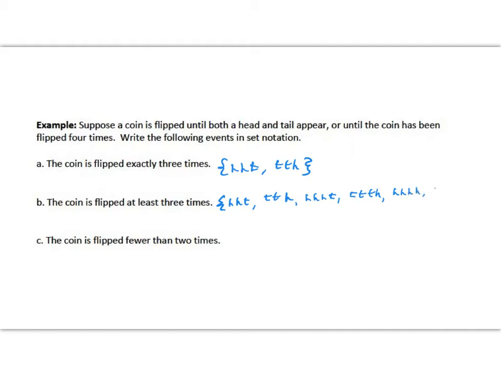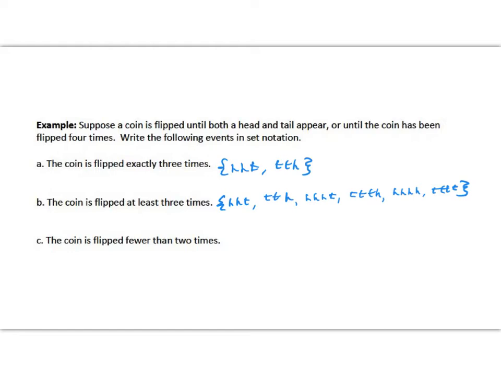You could get 4 heads or 4 tails, because the rules of the game state that you are going to toss the coin until you get 1 of each, or until you get 4 tosses in. And that satisfies that situation where you get 1 of each, or you get 4 tosses in.